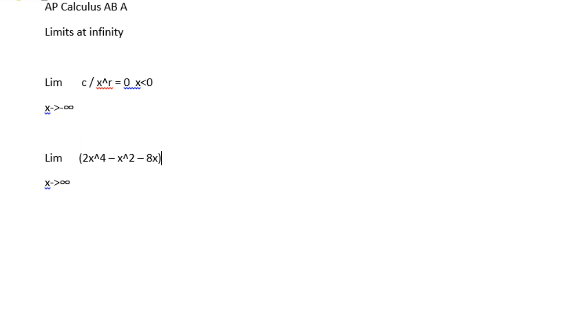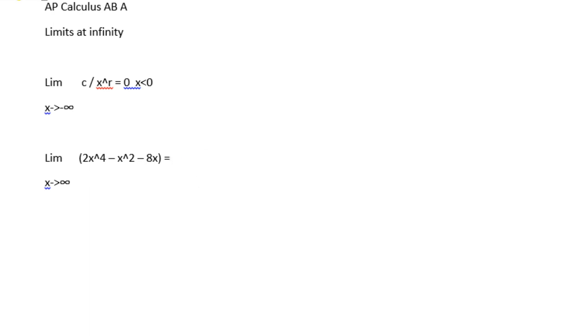Now if you notice, I have no fractions, sorry, I have no negative exponents in here. And so this one you would just assume is going to be infinity plus infinity. Well, it's actually infinity minus infinity minus infinity. And some of you guys are thinking, oh, that's going to turn into 0, but that won't, because there are different sizes of infinity, so you cannot include this.